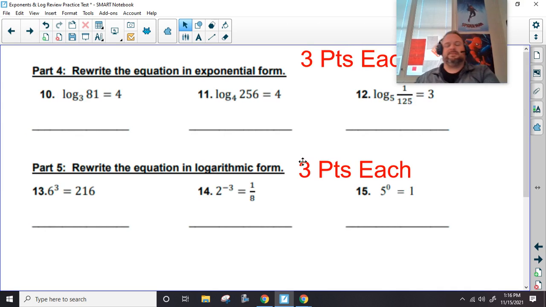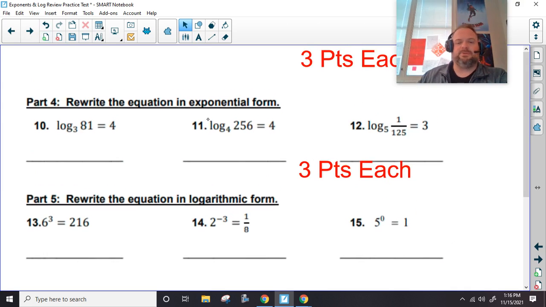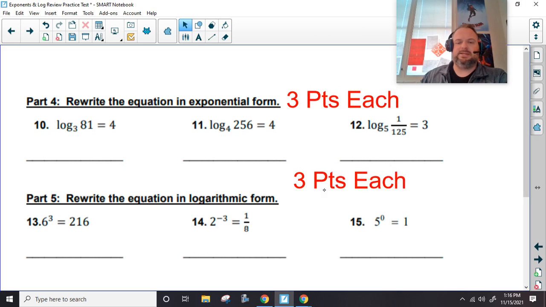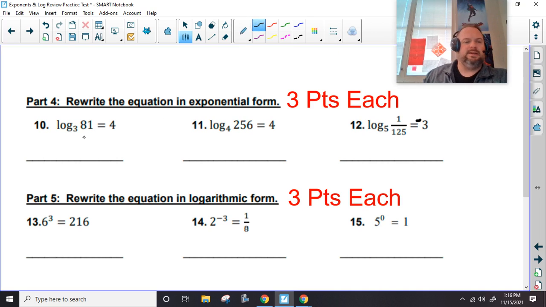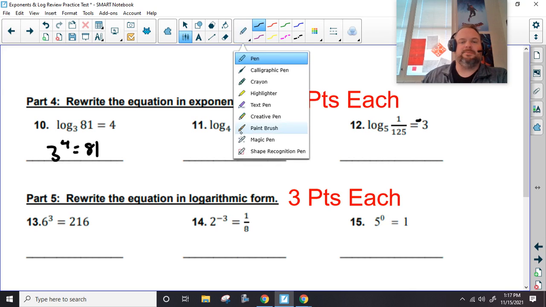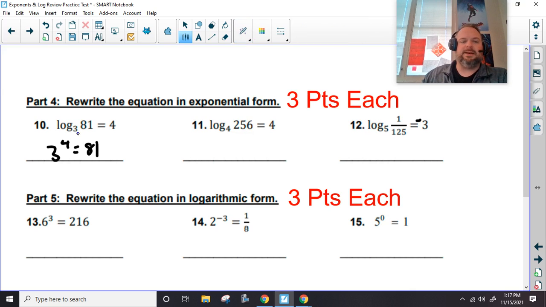All right. So these parts right here are 3 points each. There is a typo on this one. This is supposed to be a -3. Sorry about that. So this would be 3 to the 4th equals 81, because remember, it's the little number raised to this number equals this number.